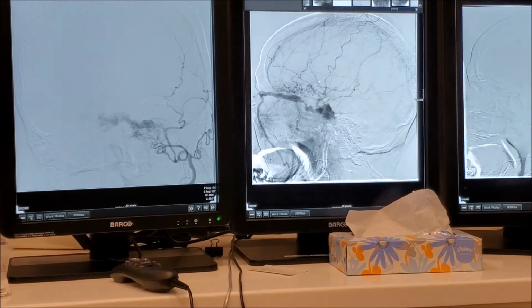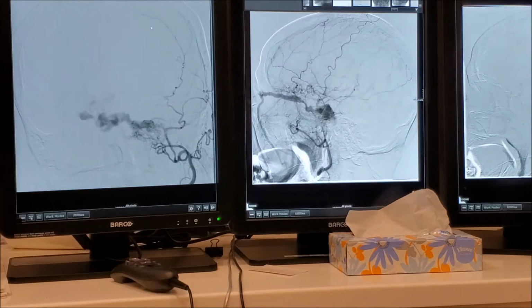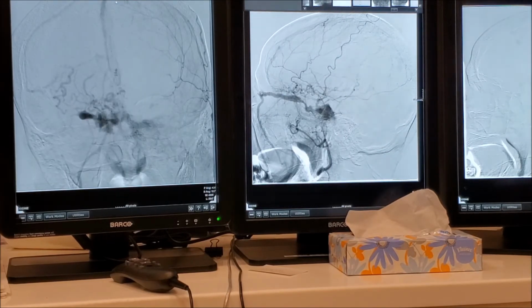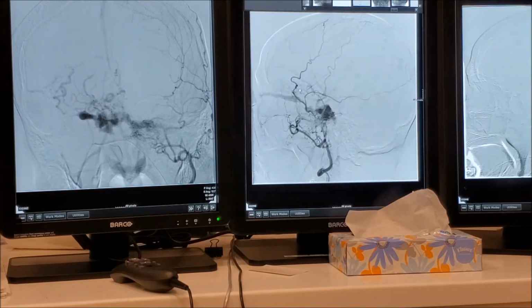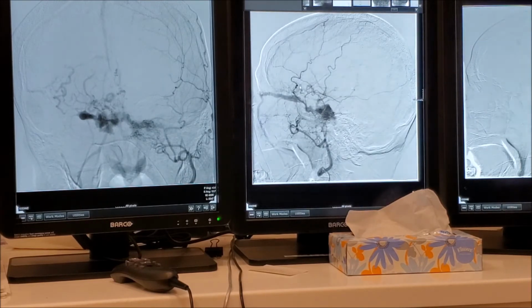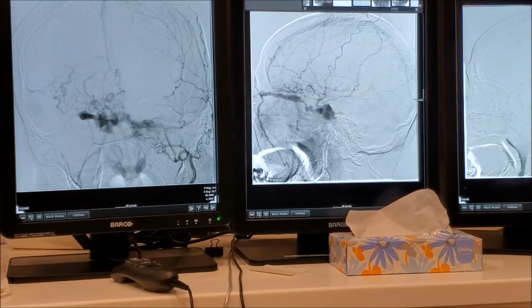See, here you have a branch that goes beyond the inner table of the skull. The meningeal arteries will always come to the inner table of the skull. Actually, this means it's reached the midline. So another way to differentiate meningeal arteries from cutaneous branches is they go beyond the inner table of the skull.